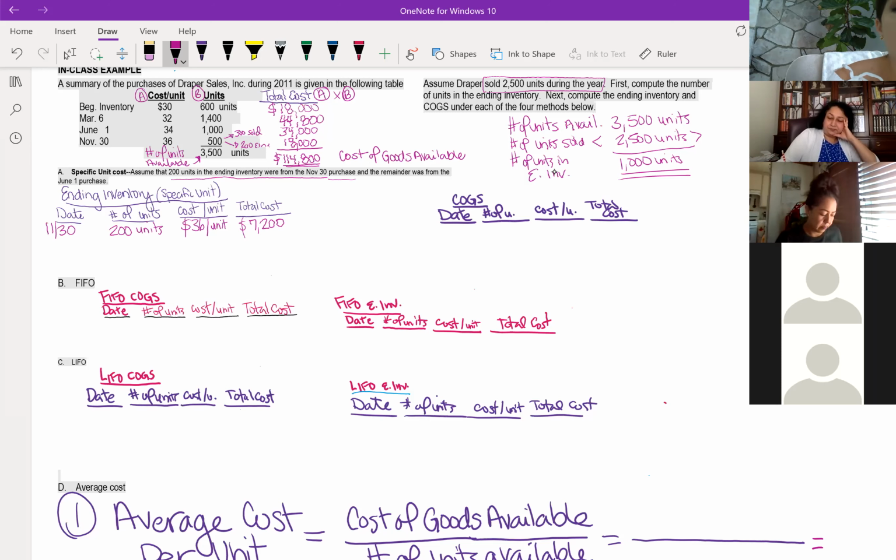For the rest of it, the remainder was from the June 1st purchase. How many total units do we need in ending inventory? 1,000 units in ending inventory.